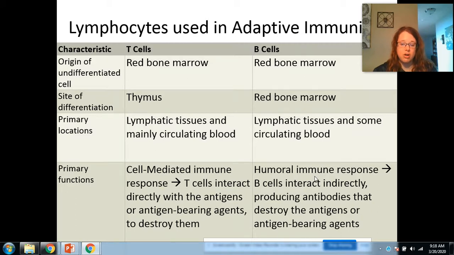Whereas humoral looks at specific actual pathogens. So the humoral response will physically attack your bacteria, your fungi, your protozoan, your virus. So humoral is more of the direct kill for the pathogen, whereas cell-mediated is more indirect.